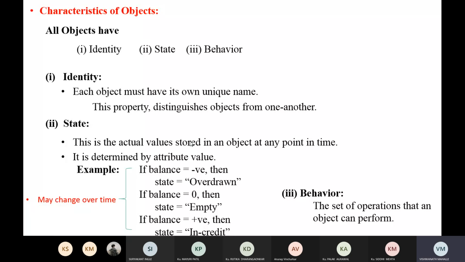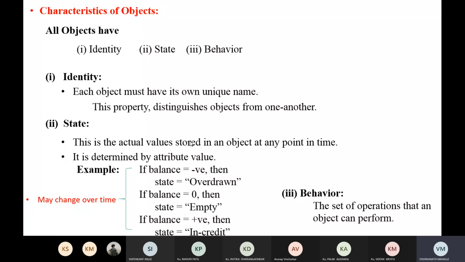The state is overdrawn. You have withdrawn more money than the balance, so your account has gone into the overdrawn state. Similarly, if the balance is zero, then what is the state of that account?